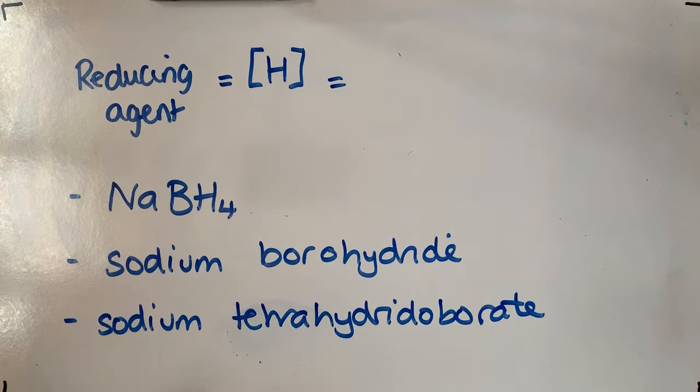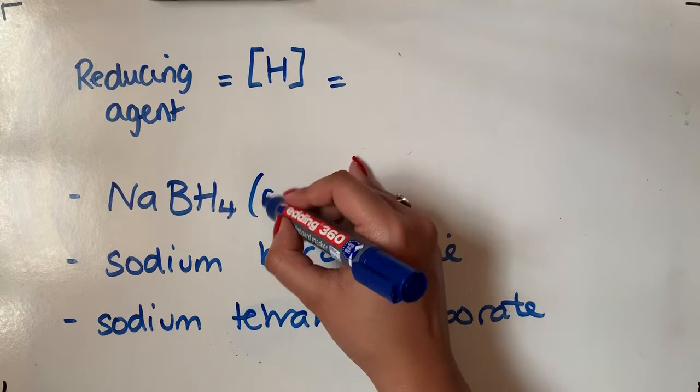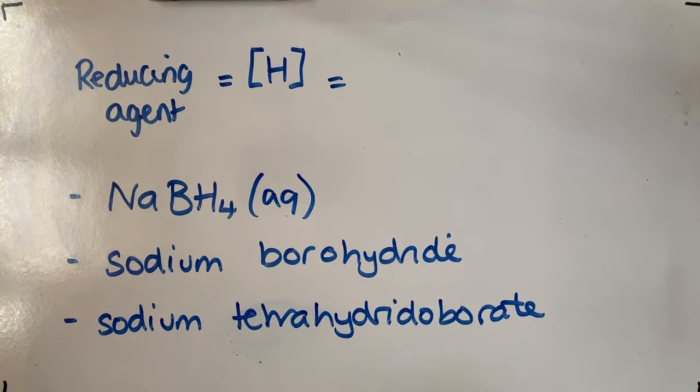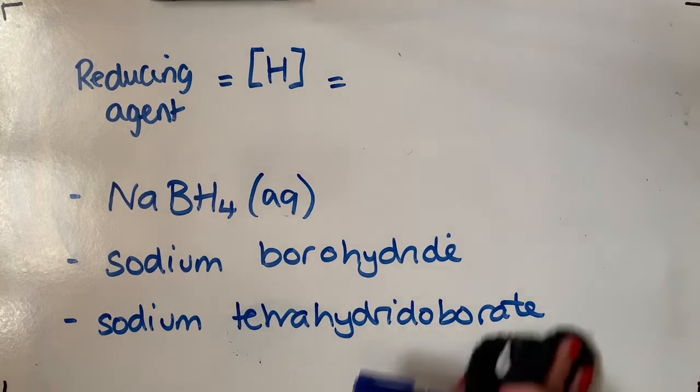Obviously it's a lot easier just to memorize NaBH4. That's what you need to write in the exam. It has to be an aqueous solution, and we'll look at why it has to be an aqueous solution when we look onto the mechanism for this. Okay, so sodium borohydride is our reducing agent.